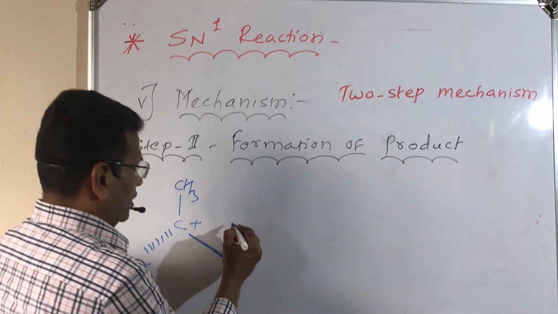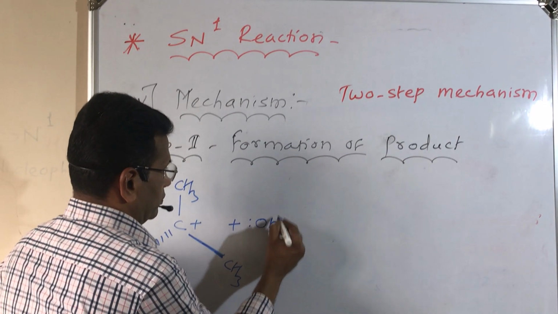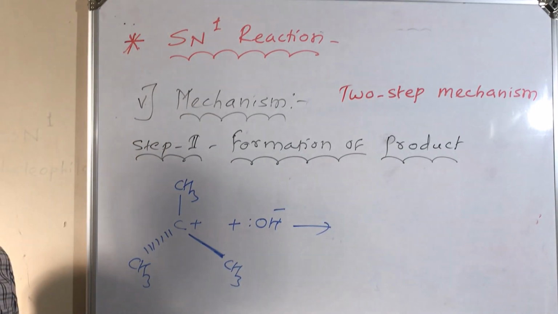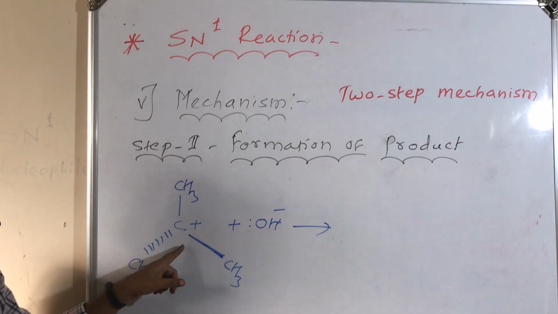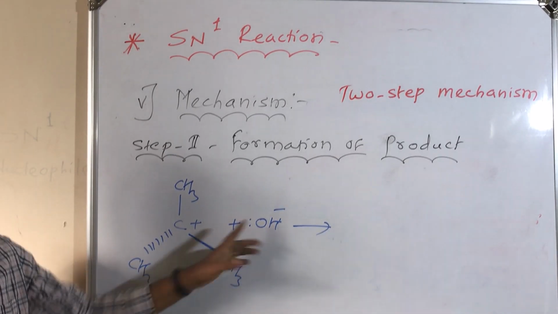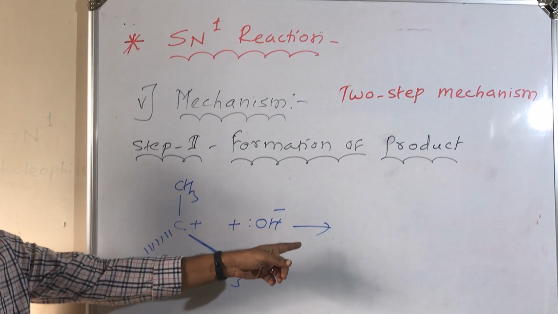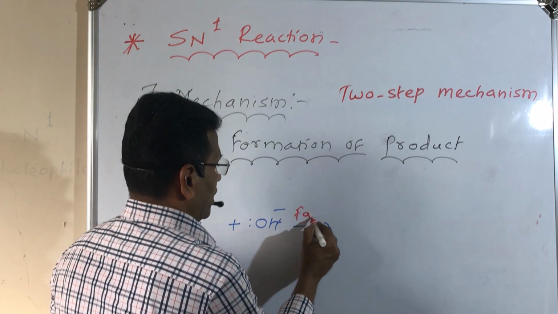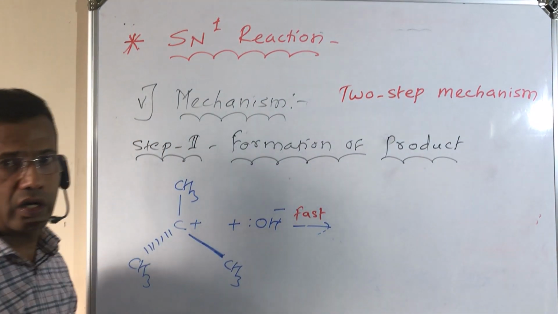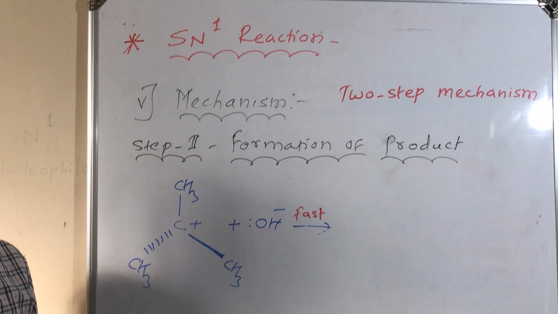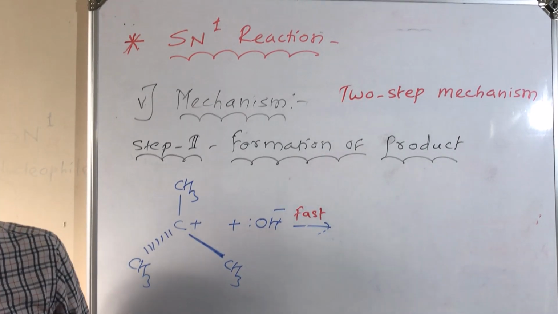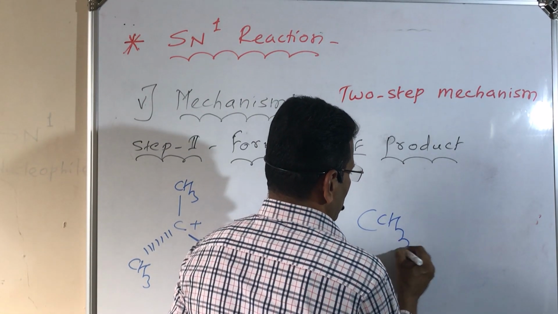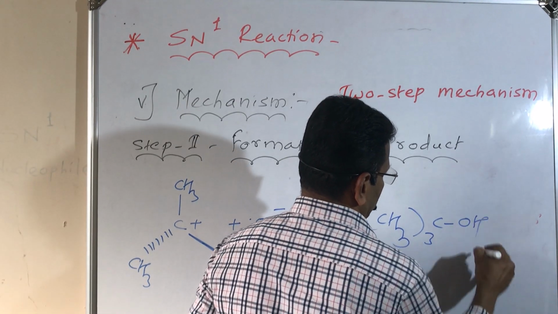Now OH minus ion instantly attacks it because there is no repulsion. Br minus is already given out in the first step. So the carbocation is electron deficient and this one is electron rich, so there is greater attraction between electrophile and nucleophile. So the second step is a very fast step, and if the step is fast, we cannot determine the rate of the reaction. Instantly we get the product T-butyl alcohol.